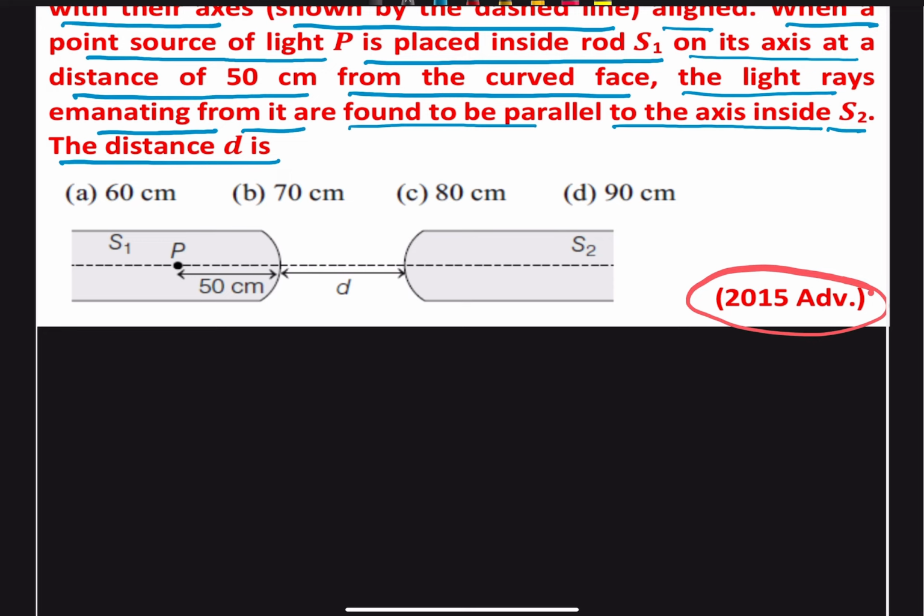So here we are given this figure. We have two rods S1 and S2. They have a common axis and a point source is placed inside S1, and the light rays from the point source come out parallel in the rod S2.